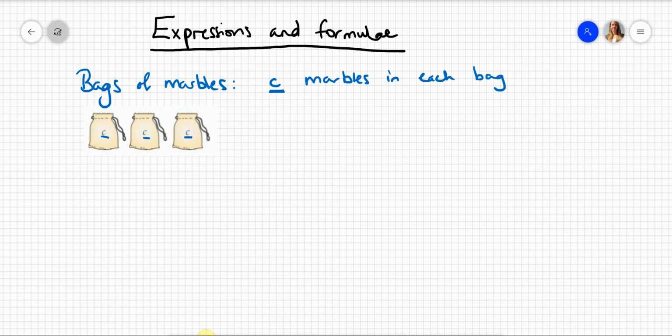We don't know how many marbles are in the bag, so we denote it by C. If we wanted to write a formula or an equation for the total number of marbles, it would be C times 1, 2, 3.